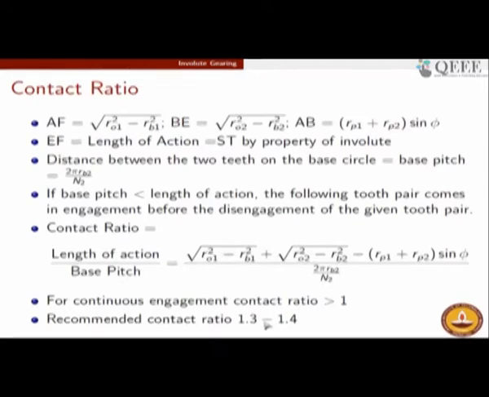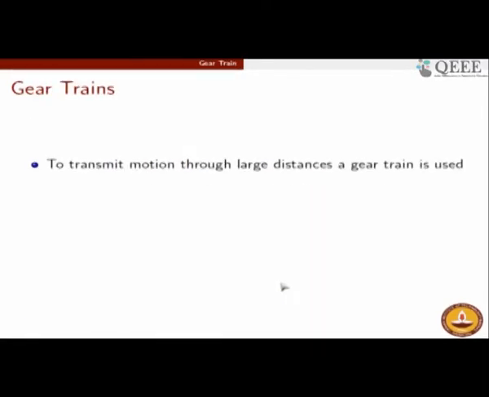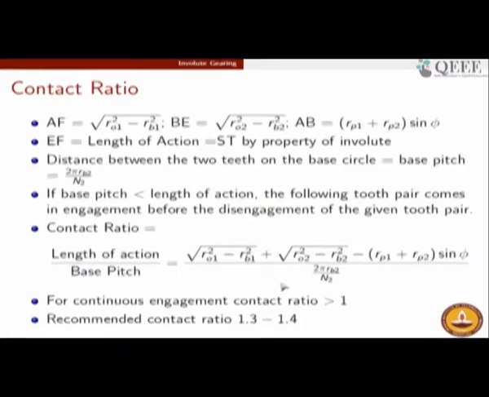At certain durations you will have one pair of teeth in contact, for certain durations you will have two pairs of teeth in contact. So in an average sense, it is not possible to have an integer contact ratio. The contact ratio has got to be a non-integer value.